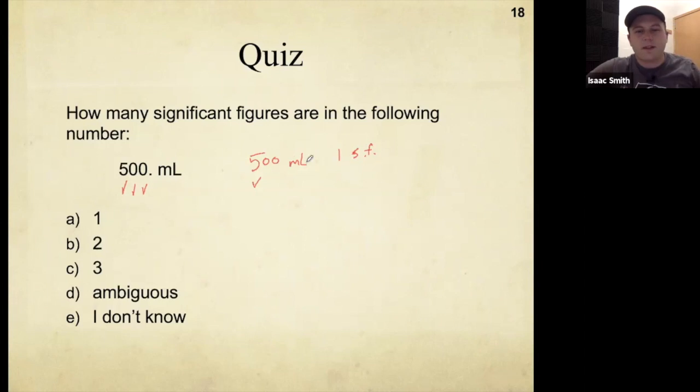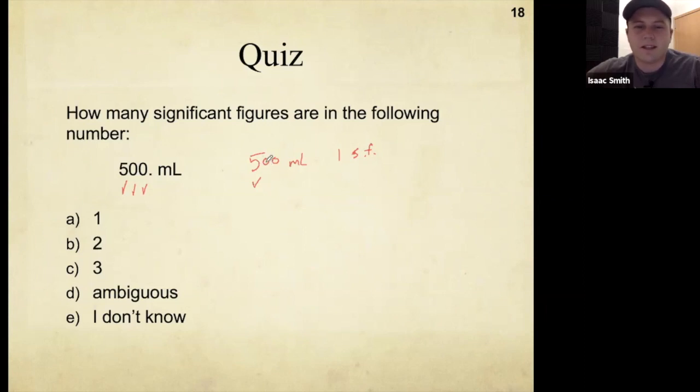So if you actually did this measurement of 500 milliliters and you used a measuring tool or a graduated cylinder that allowed you to measure with accuracy that you actually have 500 milliliters, then you want to report that you actually are confident you have this many milliliters, right? If you just report 500 milliliters like this, somebody's going to think, oh, it's like 500 milliliters plus or minus, 10, 20, 30, something like that, right?